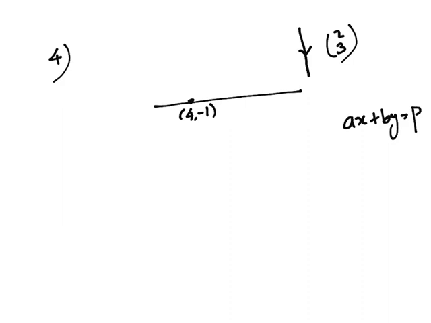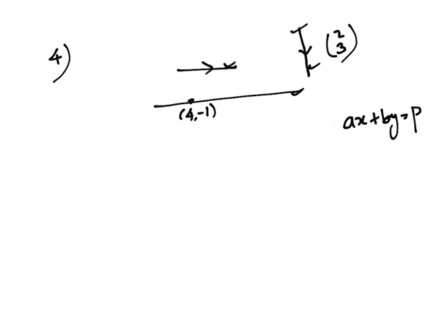Okay. Now to find the equation of any line in vector form, you require a point on the line which we already have, 4, minus 1. We also need a vector which is parallel to the line. But we have got a vector which is perpendicular to the line, isn't it? So I need to find a vector which is parallel to the line. Now if this line and this vector are perpendicular, obviously this vector and this vector are perpendicular.